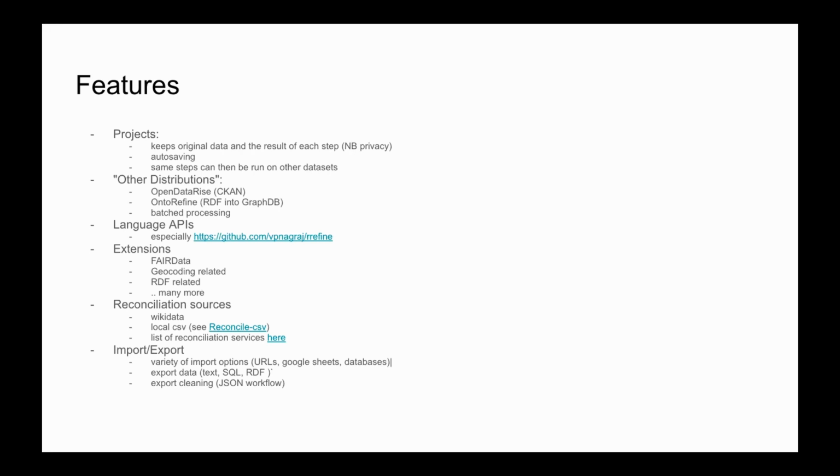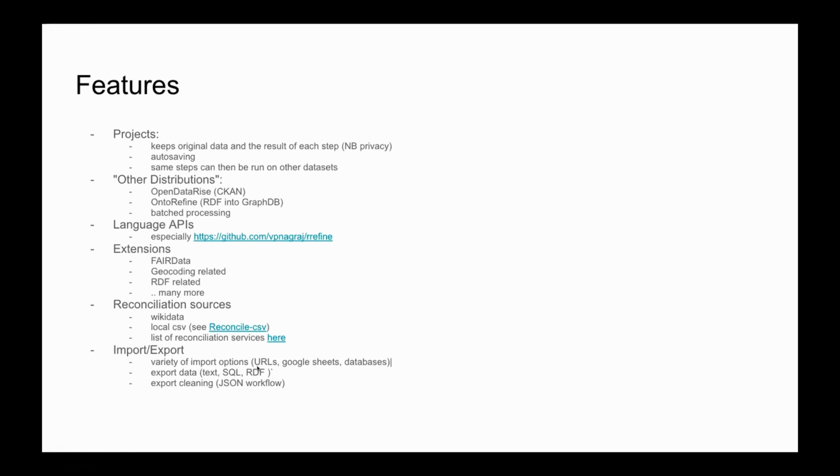For the reconciliation sources, I showed you the Wikidata one. There is a project to do reconcile CSV, so what you could do there is make your own CSV with the fixed values that you're expecting. And there's a long list of reconciliation services that you can run for yourself. And then finally, import and export. As I showed, there are lots of import options besides text files.